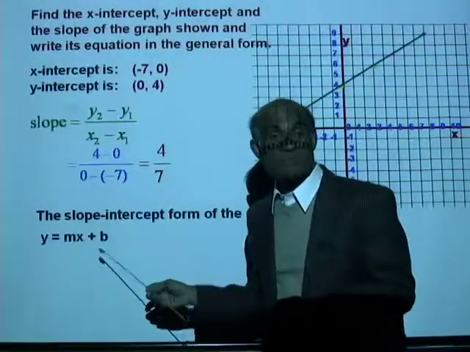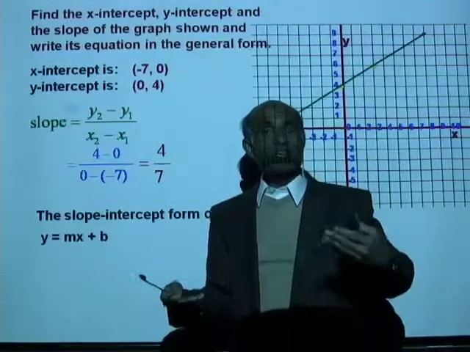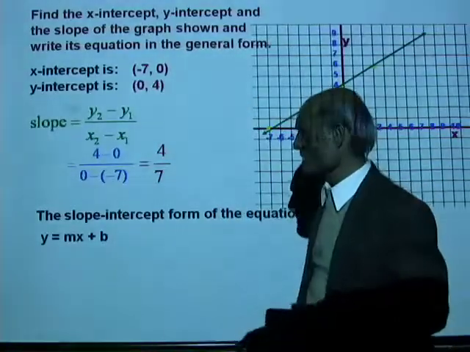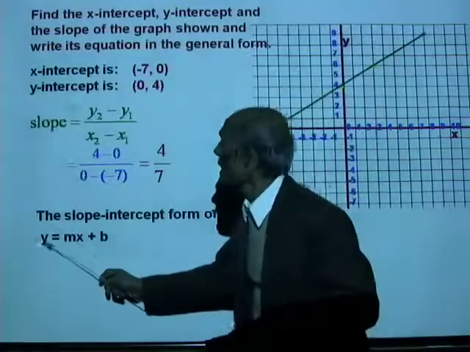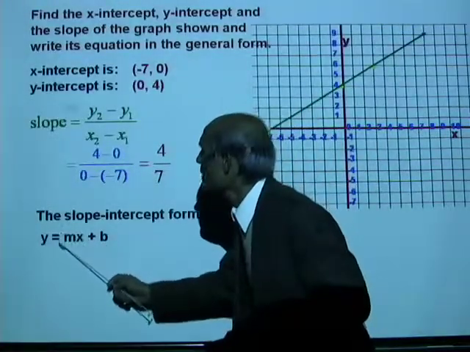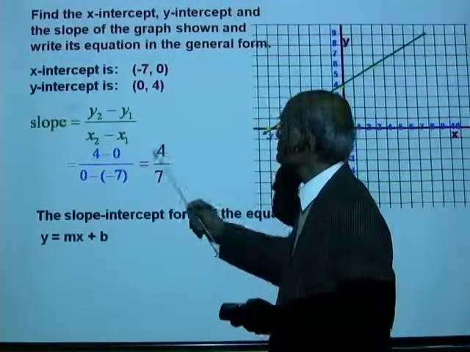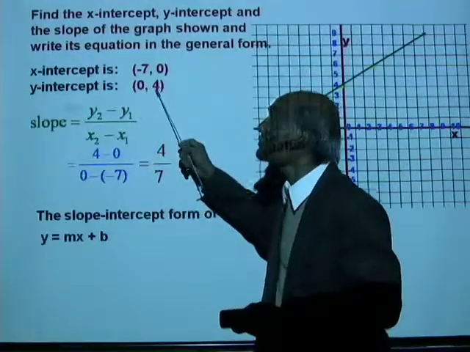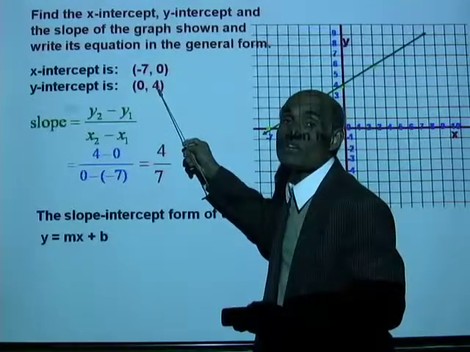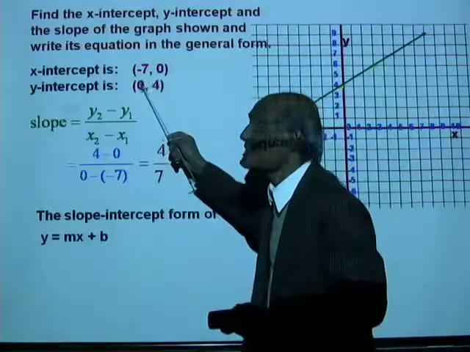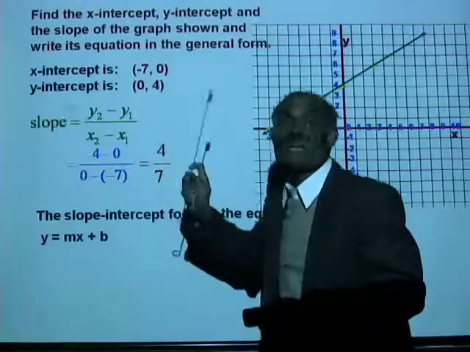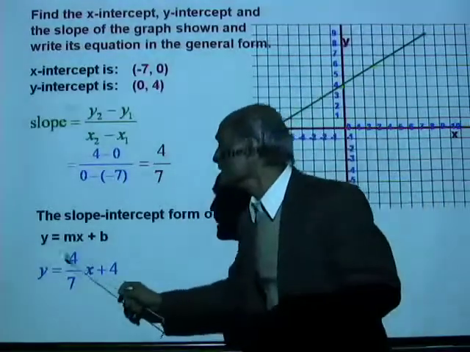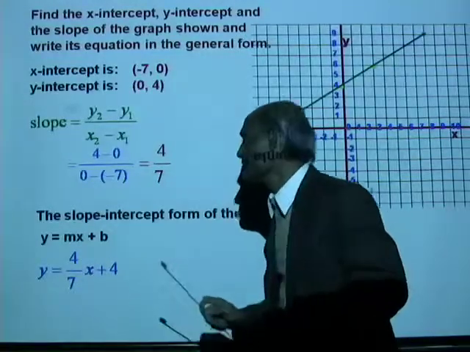Because of the y-intercept, we can write it in the form y equal to mx plus b, simpler than the other. So y equal to mx plus b, where m is 4 over 7, b is 4. When the y-intercept is (0, 4), b equals 4. So y equal to 4 over 7 x plus 4.